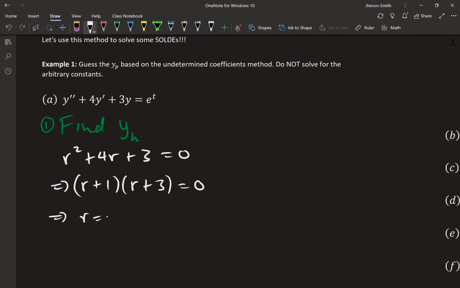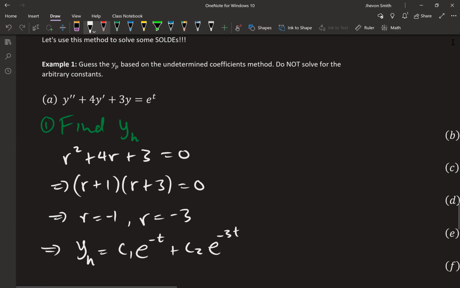This means that r equals -1, or r equals -3, which means my homogeneous solution is going to look like C1 e to the minus t plus C2 e to the minus 3t. Now, in this first example, I don't care about the arbitrary coefficients, the A's, B's, and C's. I just want you to tell me the general guess.